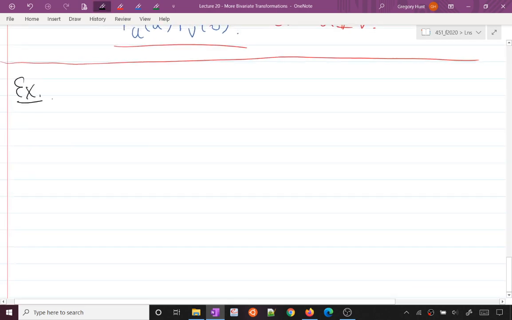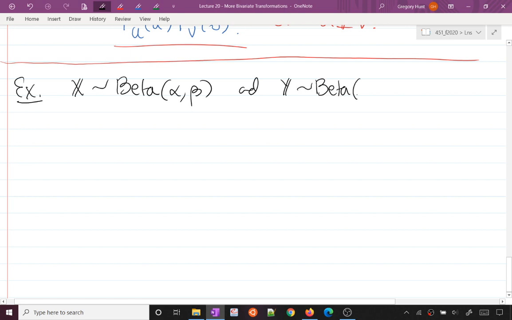So here's another example. Let's say that x has a beta distribution with two parameters, alpha and beta, and y also has a beta distribution with two parameters, alpha plus beta and gamma. And let's assume that x is independent of y. This is a bit of a contrived example, but nonetheless, we can look.